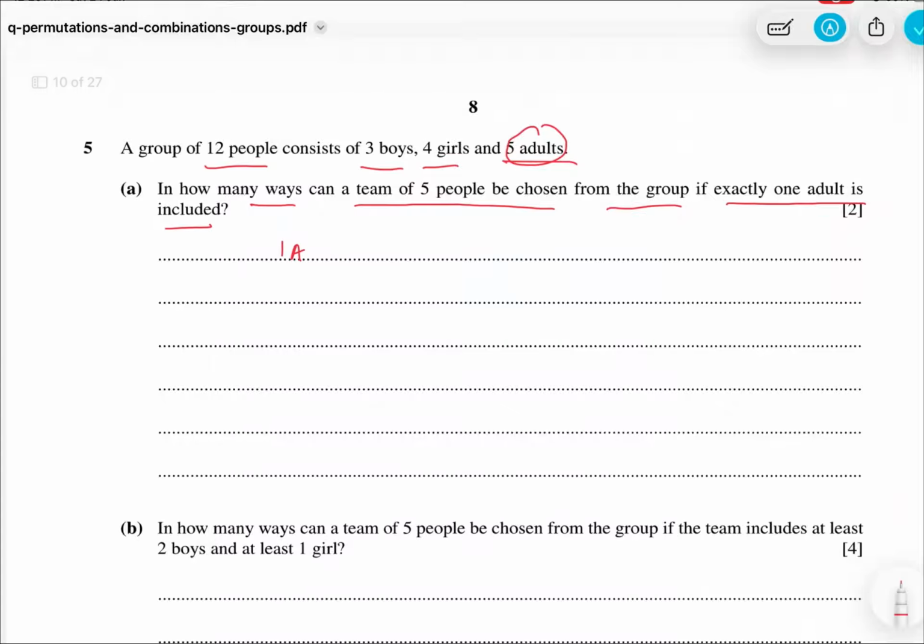We have to choose 5 people. It means that from the adults we have to choose one. So 5C1 times 7C4. That would give us 175. Piece of cake.